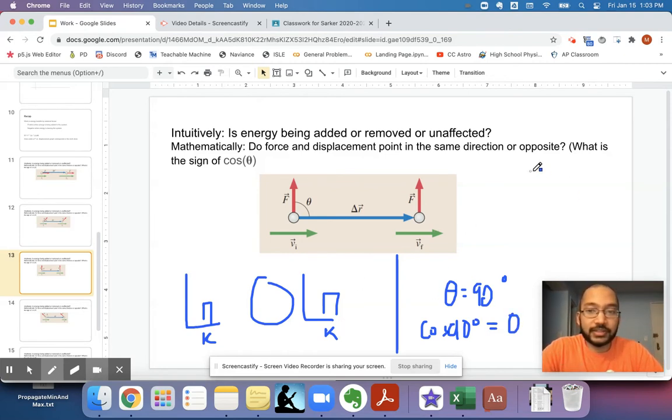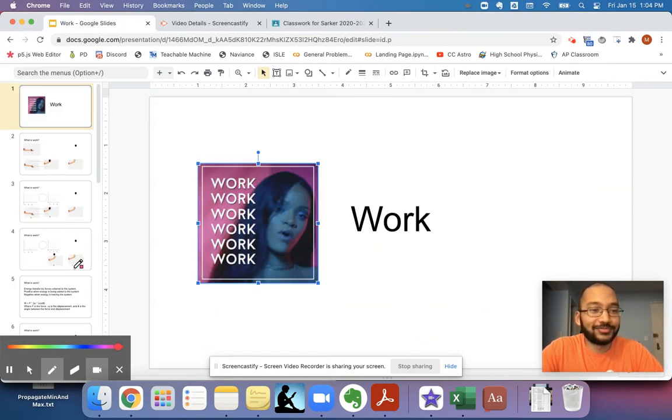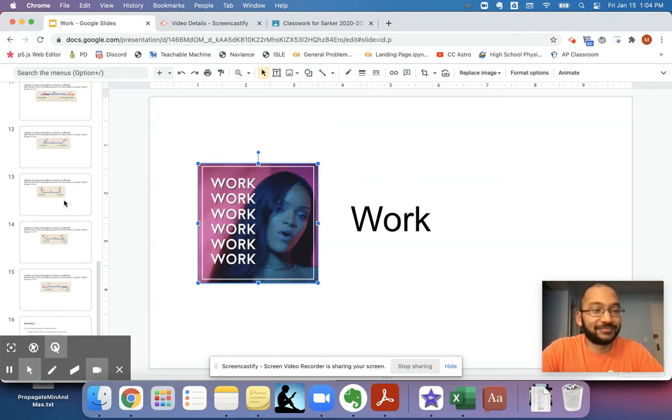Another way that you can look at this is if you think back to our unit on uniform circular motion. If I have an object moving in a circle, let's say it's over here, and then over here, and then over here. Whoops. I just hit Control Z and that messed things up.